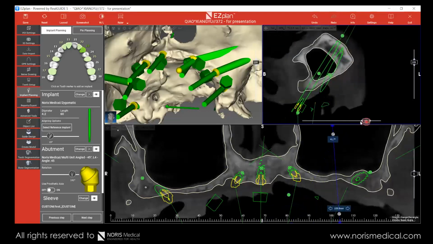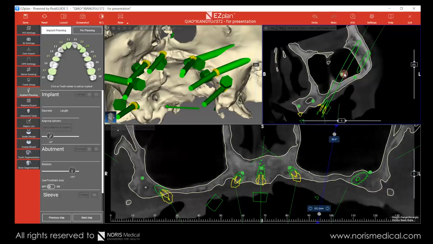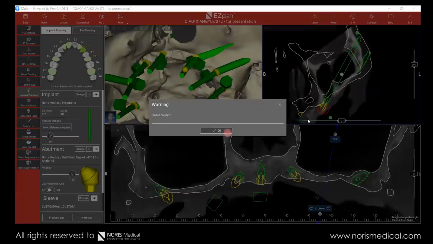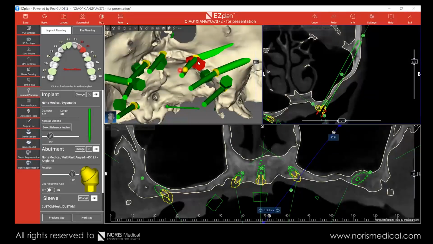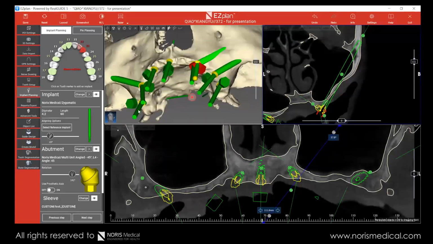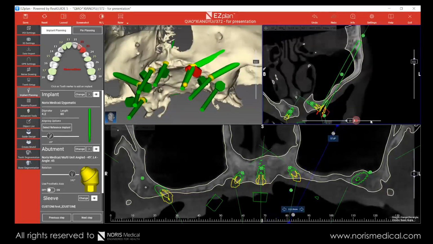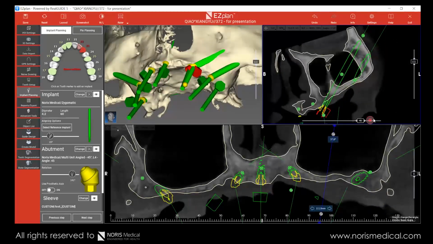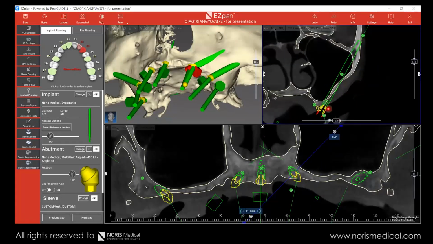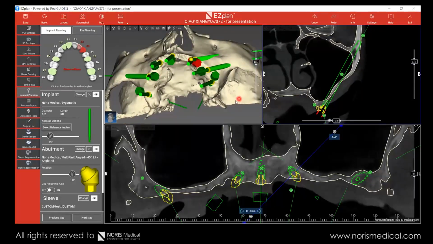We can take it further towards the orbita, like that. It's touching. What we see, it's colliding the sleeves, okay? But we see that there is a position for us to position an implant in the future. Let's check around ourselves here and see if we are okay. Okay, we are okay. And this is a hybrid with the positioning of the posterior implant enabling us a future zygomatic implant, okay?